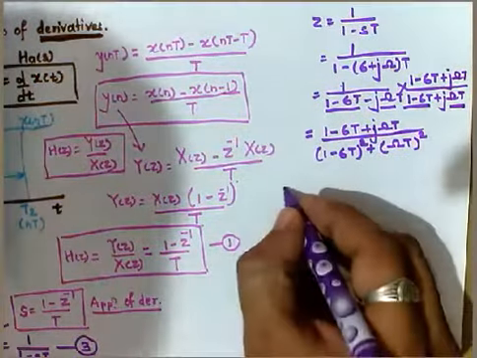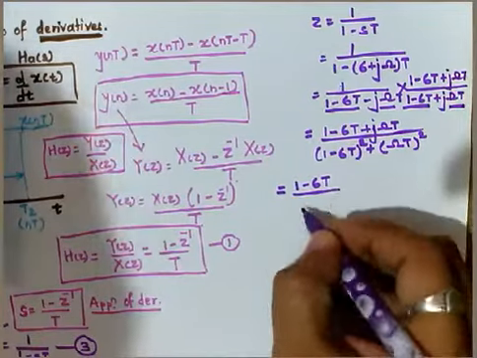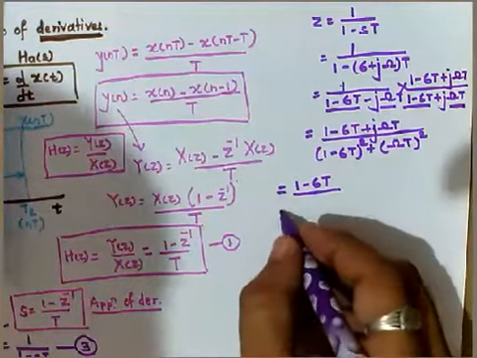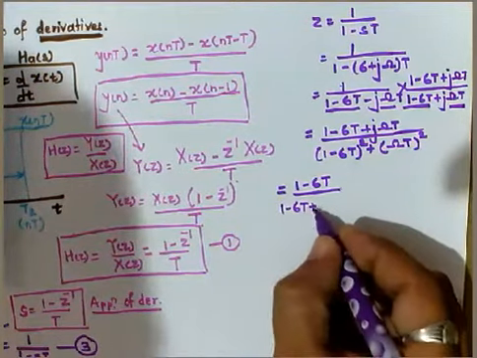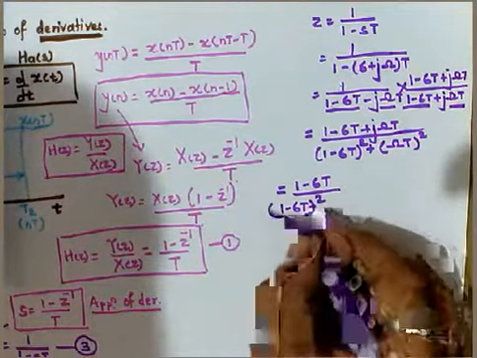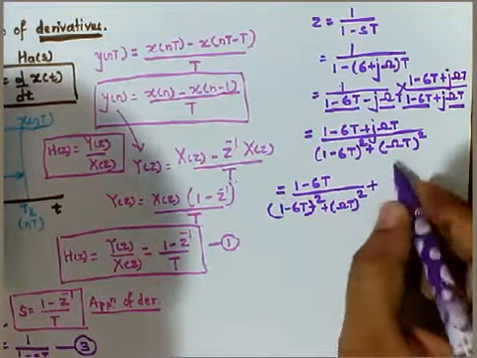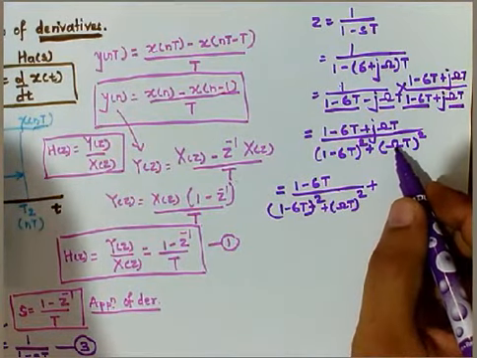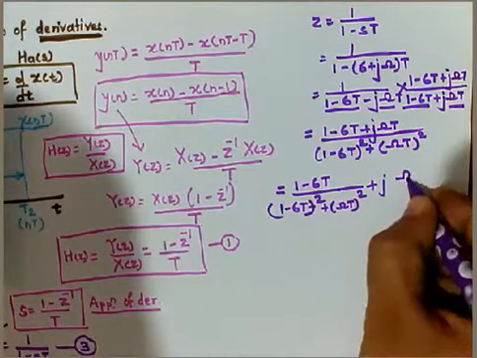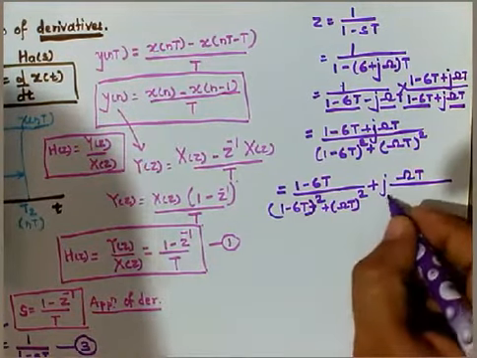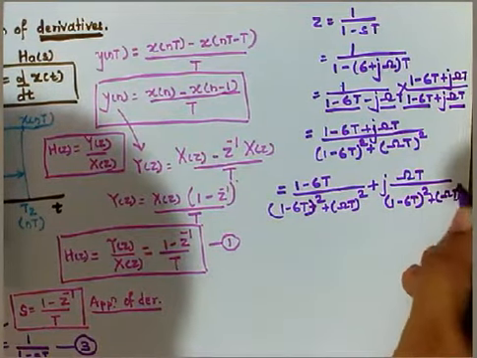Now this can be readjusted further. Let's separate out the real and imaginary parts. So this will become (1 minus sigma T) over (1 minus sigma T) square plus (omega T) square, plus j times omega T over (1 minus sigma T) square plus (omega T) square.